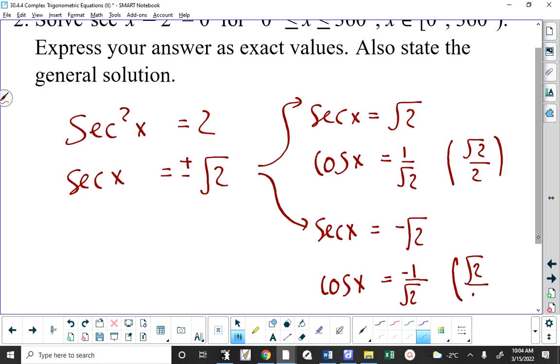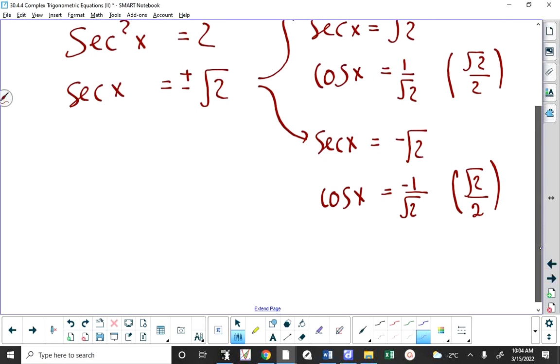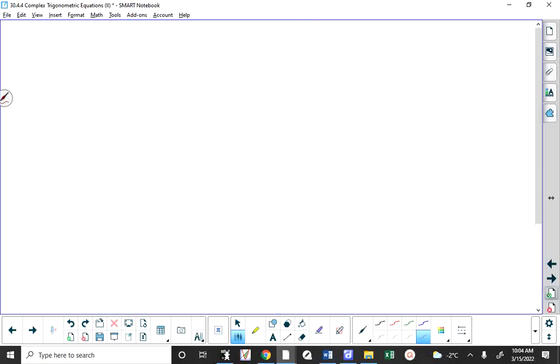If you want to use your calculator and find a reference angle here, maybe do that right now. Just find a reference angle for either of those equations, and put it in degree mode. How many of you know what the reference angle is without using your calculator? It's 45 degrees, right? These are numbers that are midway between the axes. So here's my circle.